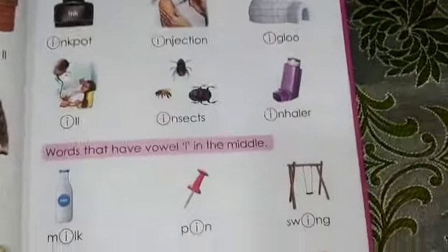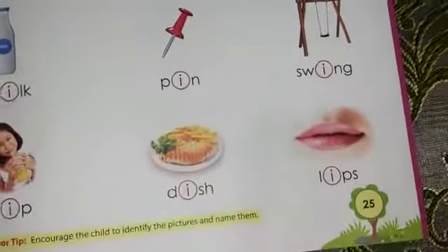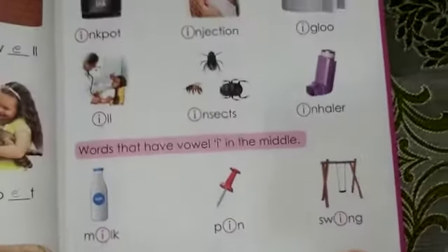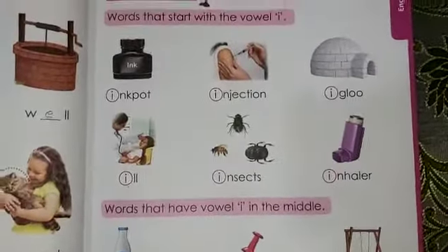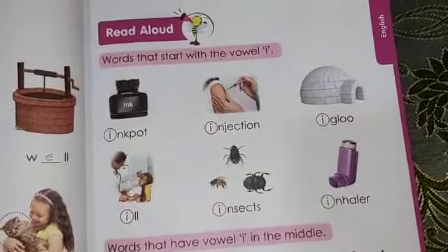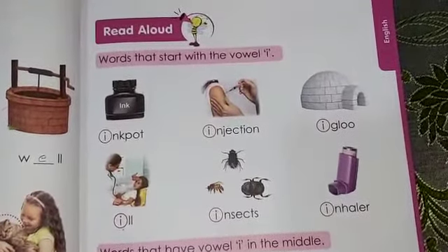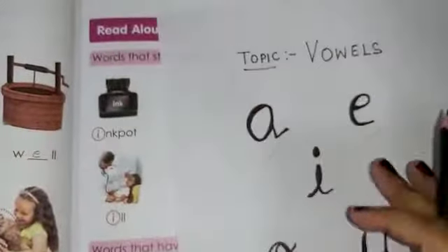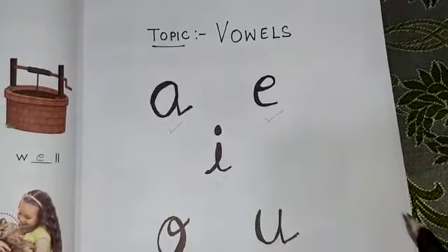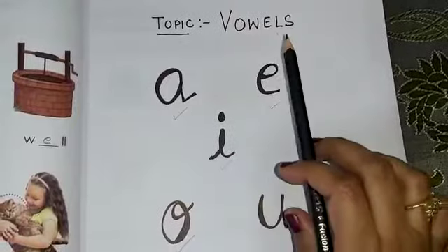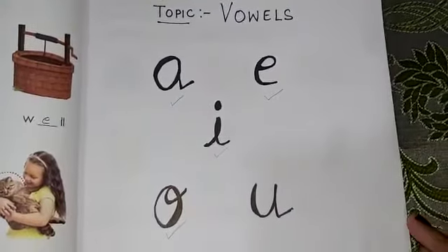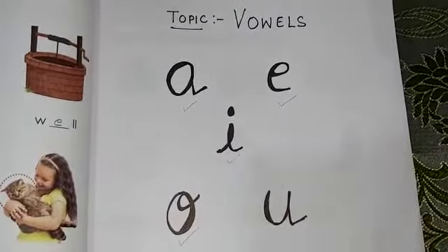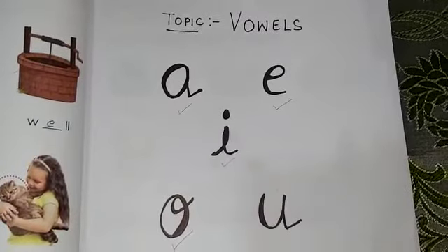Okay, students. So we come up to page number 25. Now, students, before we start studying what is given on page number 25, let's have a little recap of what we have studied earlier. As the topic is vowels, let's recap all the vowels. Yes, there are 5 vowels.